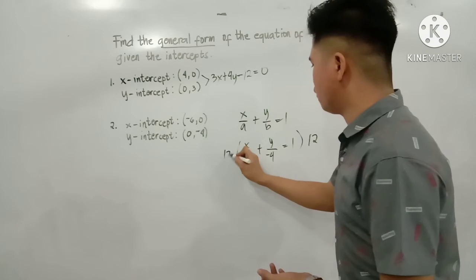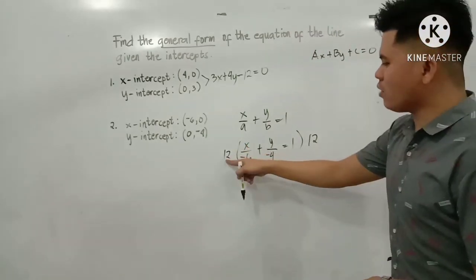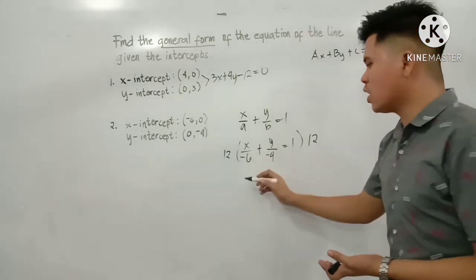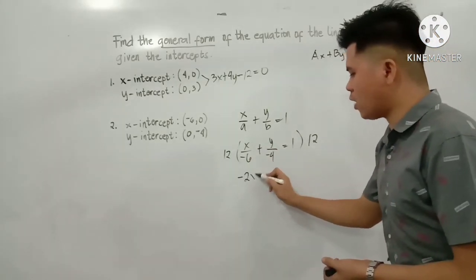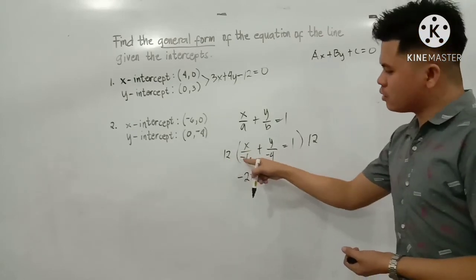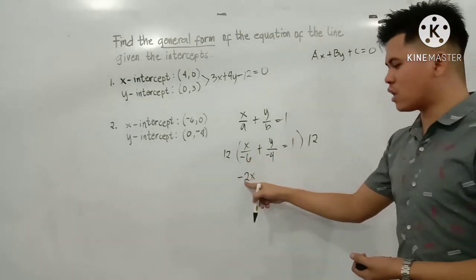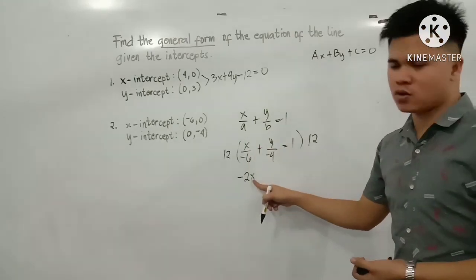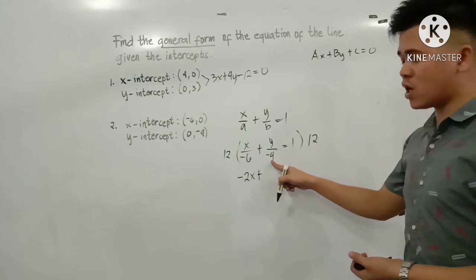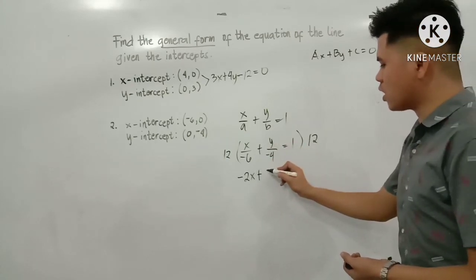So here 12. Then 12 times x is 12x divided by negative 6 is simply negative 2x. Right? Just divide this one. 12 divided by negative 6 is negative 2. Then just write the x. Plus 12 divided by negative 4 is negative 3. Times y is negative 3y.